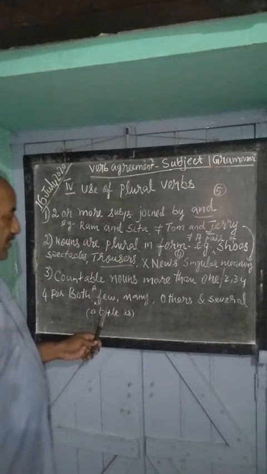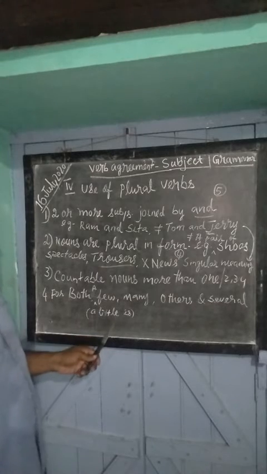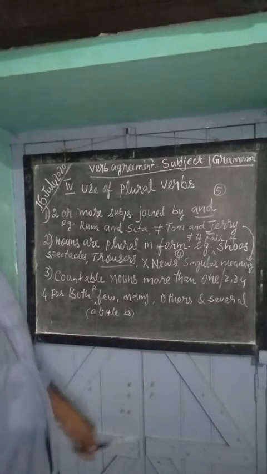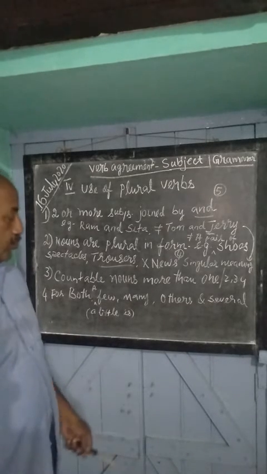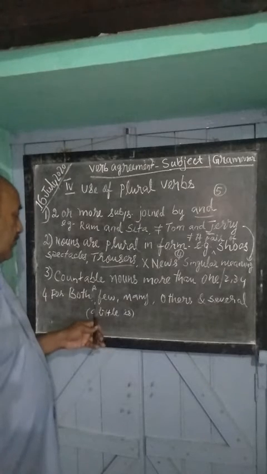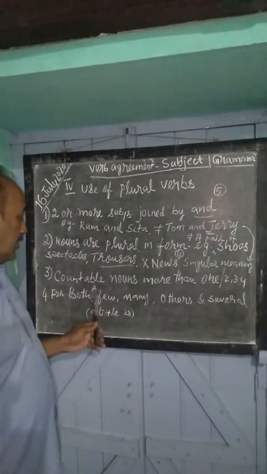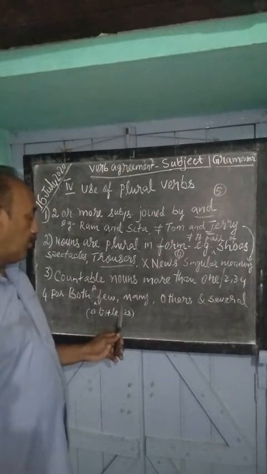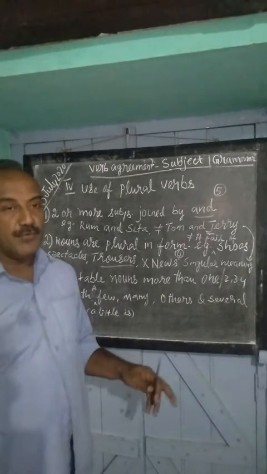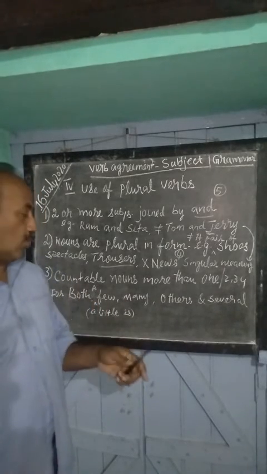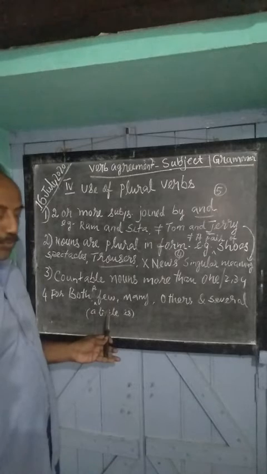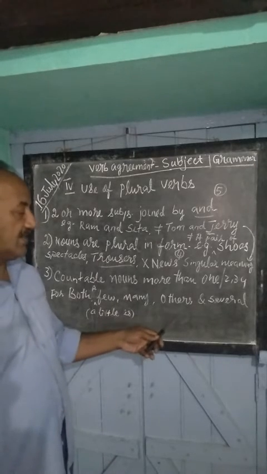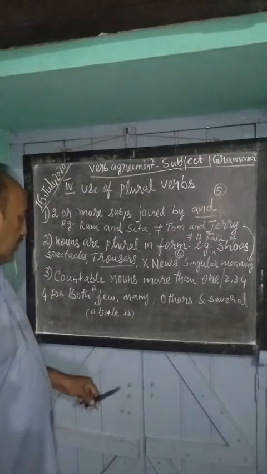Few sometimes means nothing in English. I have few books means I have no books. So if you have got something, then use a few. So a few books are there. A few means not one, it's more than one. So you have to use plural. Many, others, several, no confusion.